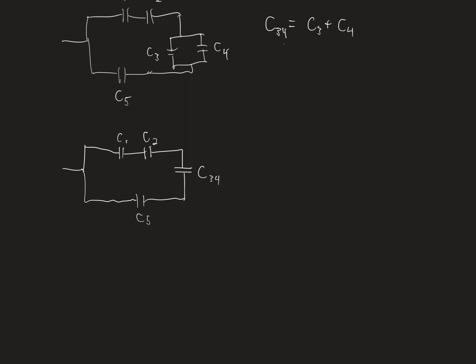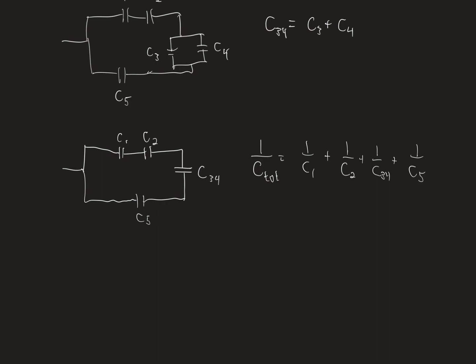So 1 over C total is equal to 1 over C1 plus 1 over C2 plus 1 over C34 plus 1 over C5. I can add it all up, and then I'll get an answer.